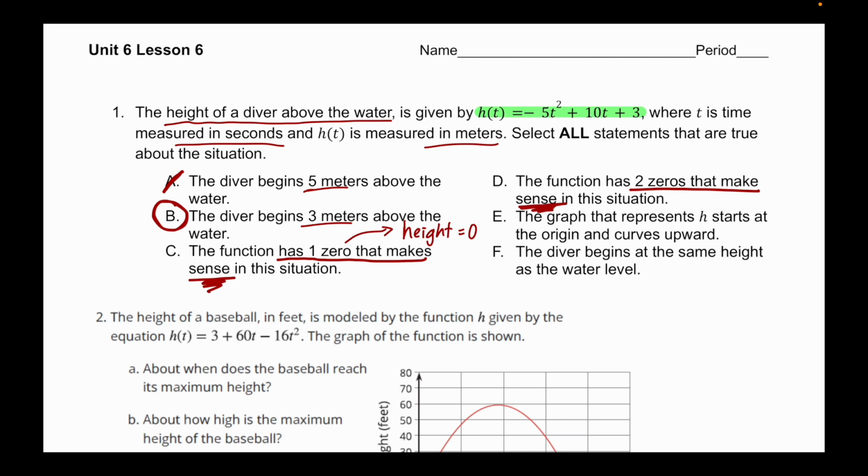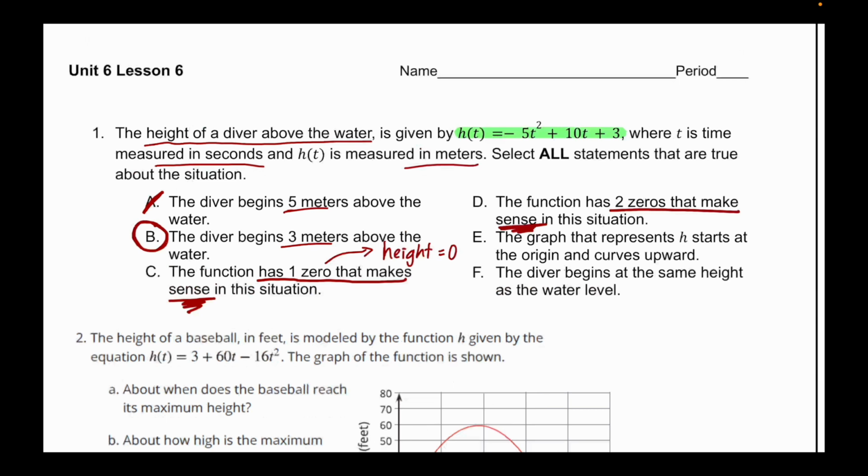And they are going to hit the water, and in that case, they would be 0 meters above the water, and then they would dive into it, so they would end up below the water. So the only thing that's going to make sense is to actually have 1 zero in this instance, because that would be when the diver hits the water.